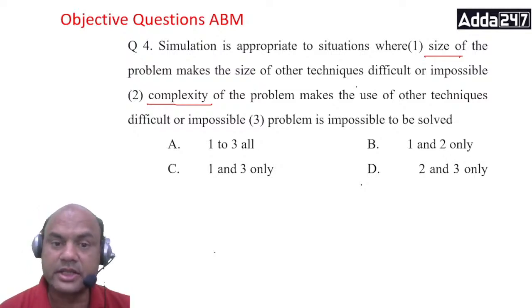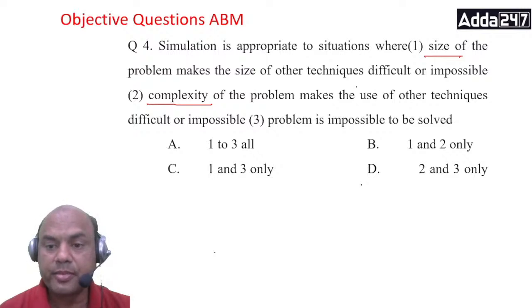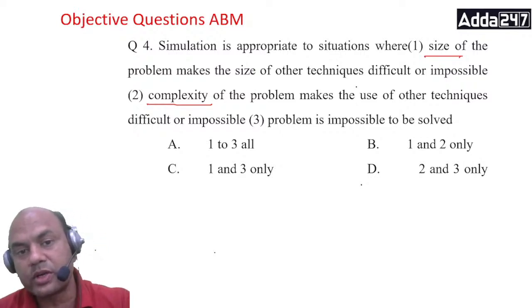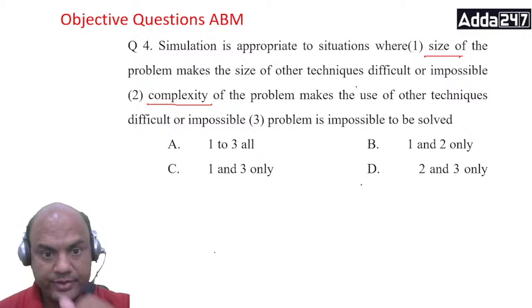Now you answer. Is the answer A, 1 to 3 all? B, 1 and 2 only? C, 1 and 3 only? And D, 2 and 3 only? So what can be the answer for this? Everyone?